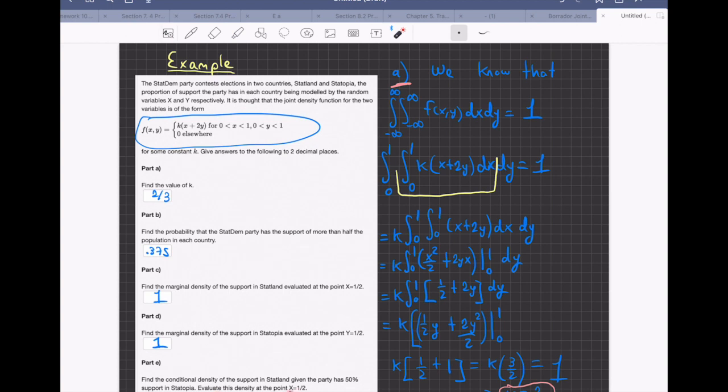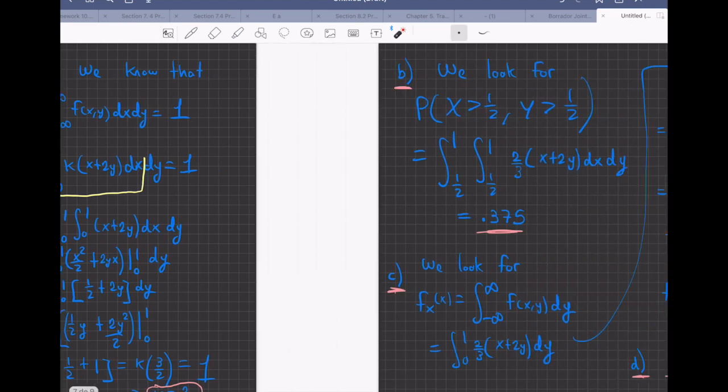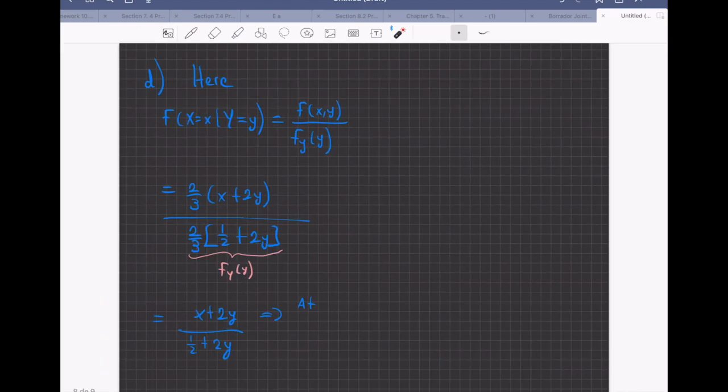Evaluate the density at the point x equal to 1/2. It doesn't say here, but if we say the standard has 1/2, we have to assume that the support for Statopia is the same, 1/2. So here, to get the answer, I have to evaluate both at 1/2.